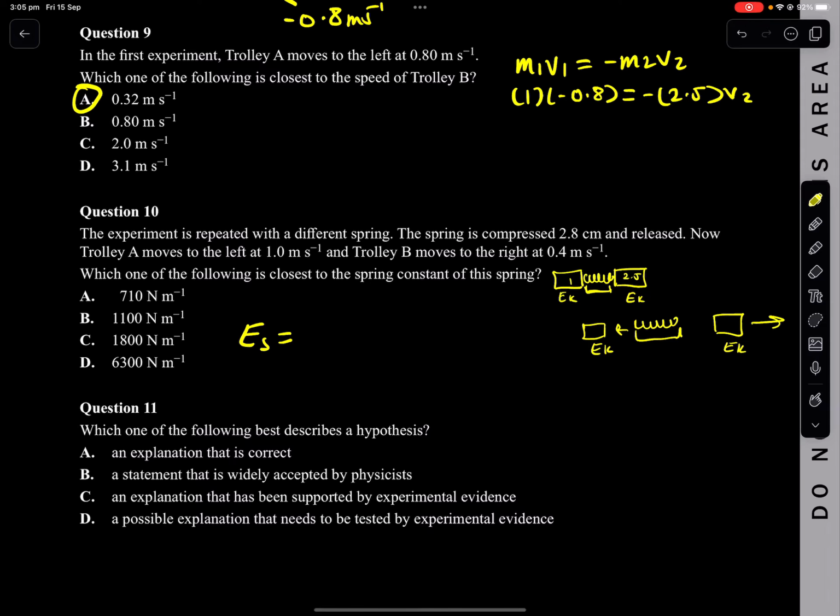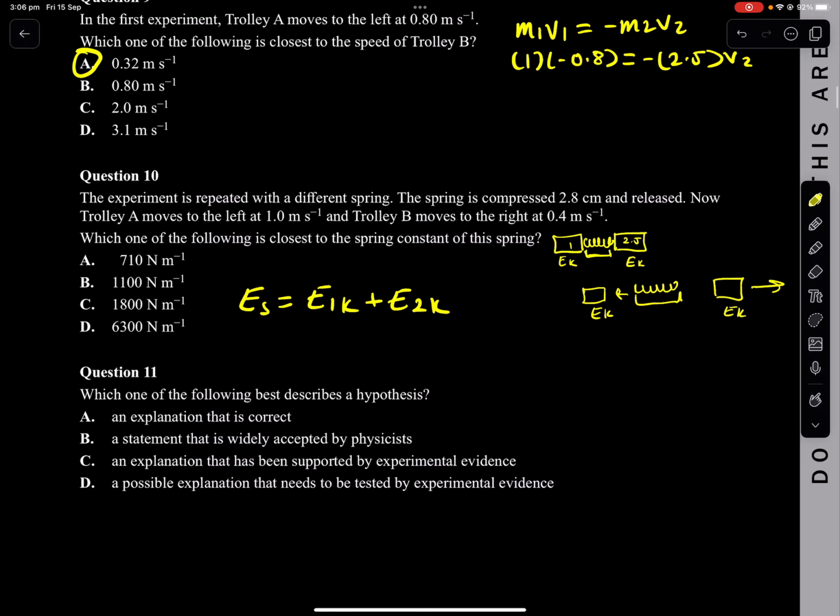It should equal both of these together: the kinetic energy of 1 plus the kinetic energy of 2. We know the formula for the elastic energy is half K times change in x squared, equal to the kinetic energy of the first trolley, half m1 v1 squared, plus half m2 v2 squared. Done.